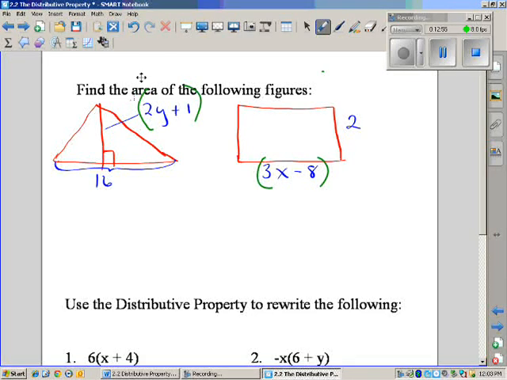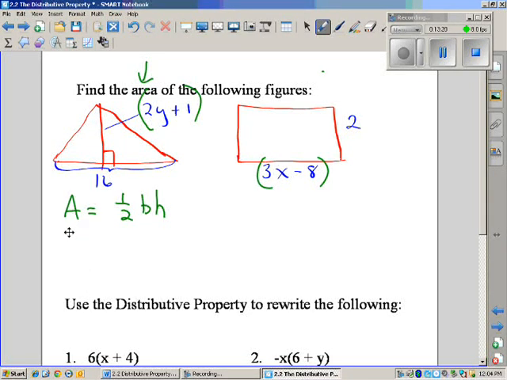So when we're finding area, we're always going to write the formula. The formula for the area of a triangle is 1/2 base times height. And this is the formula I want you to use. I know sometimes some of you use base times height divided by 2, but I'm going to show you why I think this is a better way to write the formula.